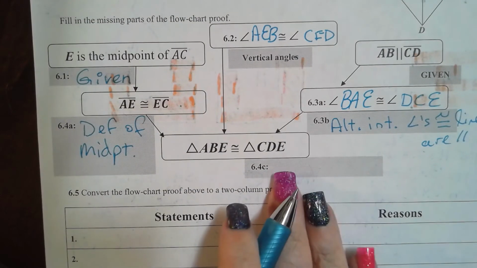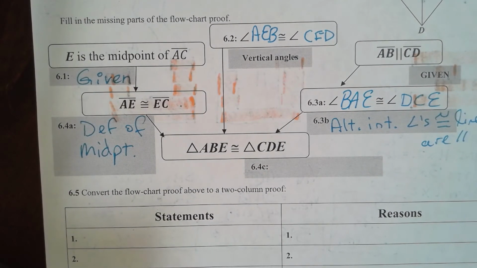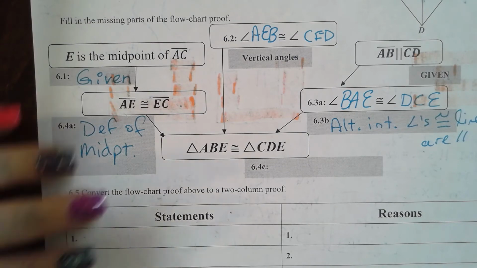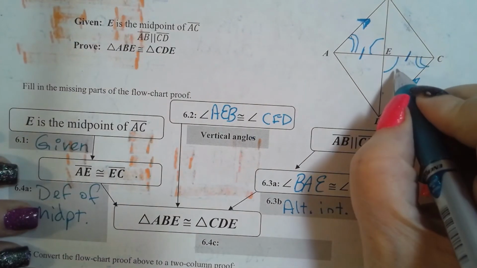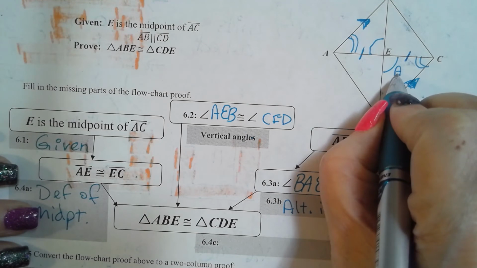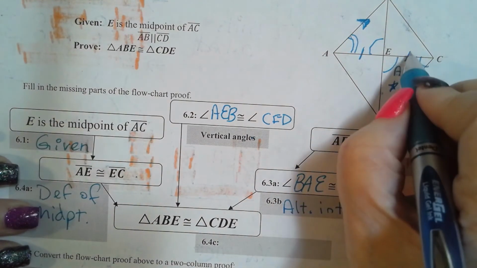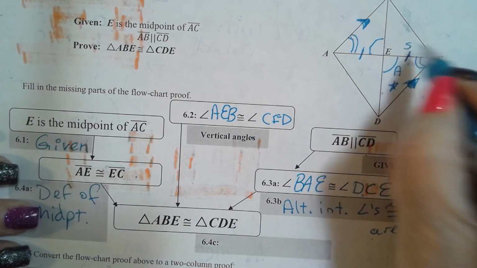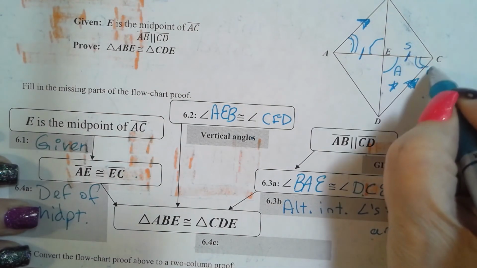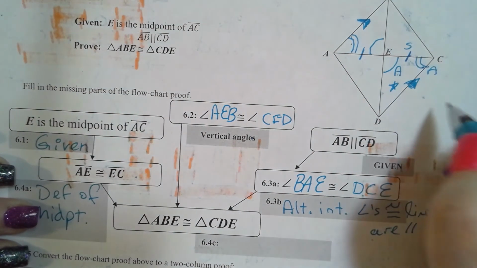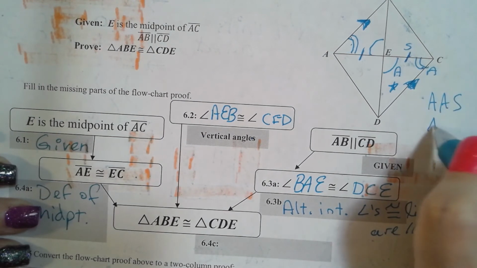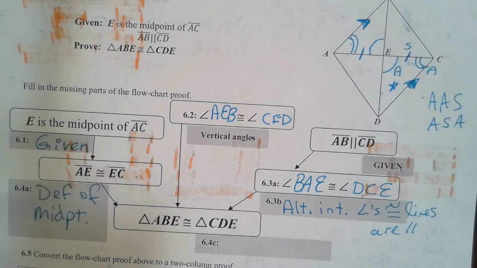And then here we have to come up with a reason for these two triangles to be congruent. Well, when I look at this one, I see that it has this angle congruent to that one. So I picked this one to work with. This side is congruent to this side, and this angle is congruent to this angle. Whenever I have two angles and a side, it's always going to work, but I have to figure out which of these two methods it is.